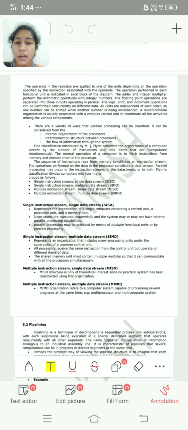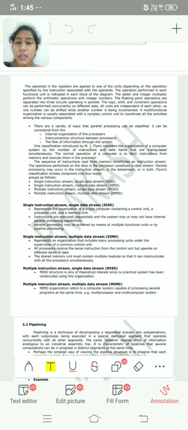The adder and integer multiplier perform the arithmetic operations in parallel. The logic, shift, and increment operations can be performed concurrently on different data. All the units are independent of each other, so one number can be shifted while another number is being incremented.